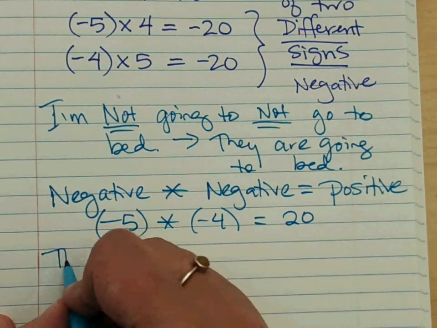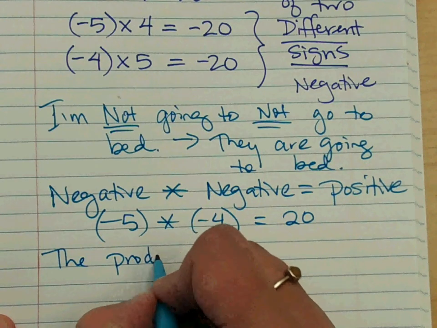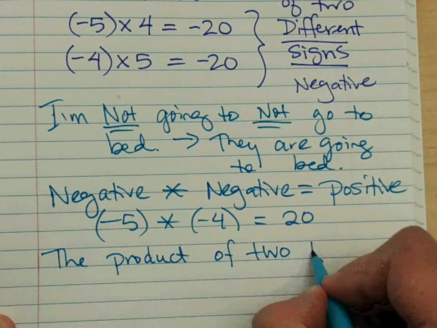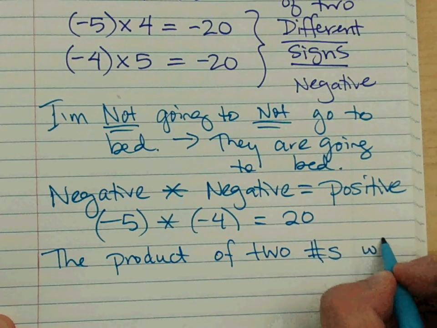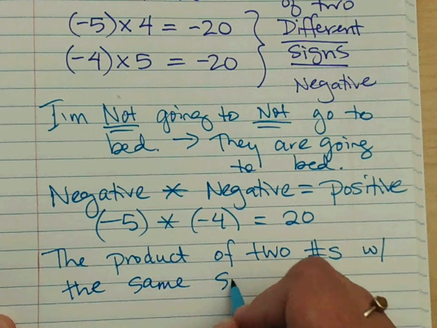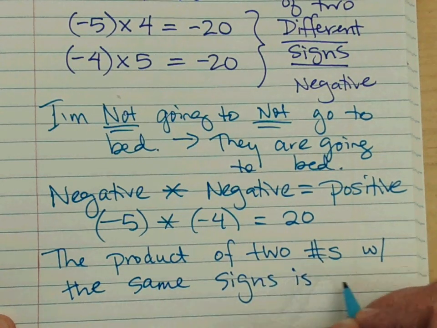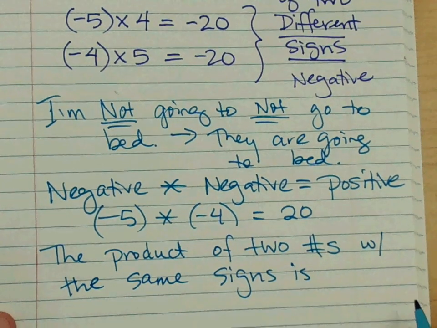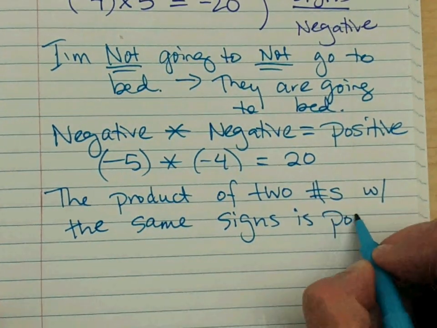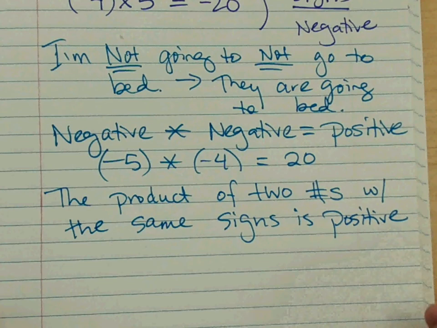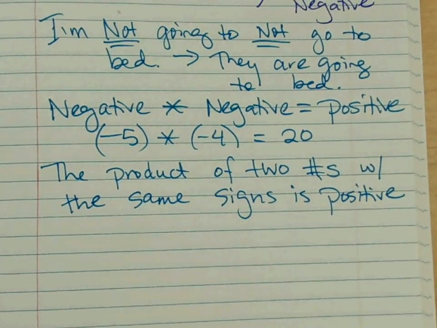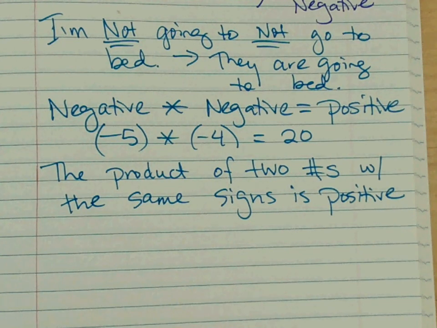So the product of 2 numbers with the same signs is, what would it be? Positive. Okay? So if the 2 signs are different, the product is negative.